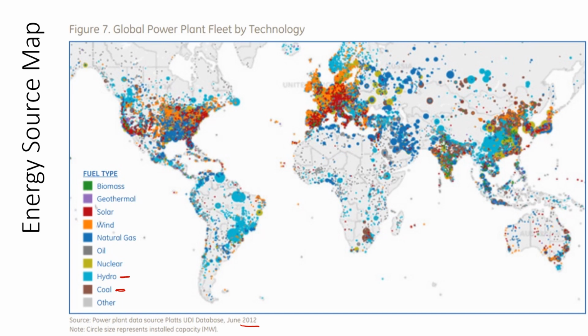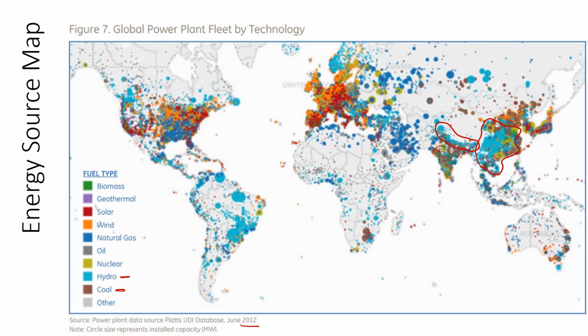And then finally, notice what's going on in Asia with hydroelectric. Around the Himalayas, Tibetan Plateau, lots of hydroelectric installations, lots of hydroelectric dams. And then in East Asia, China, Southeast Asia, a lot of hydroelectric.